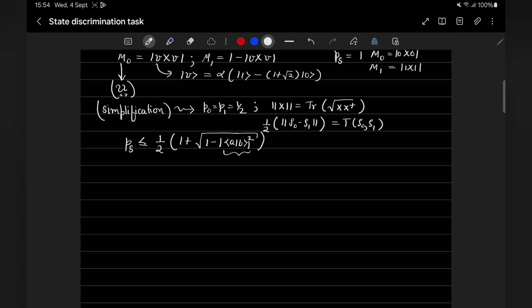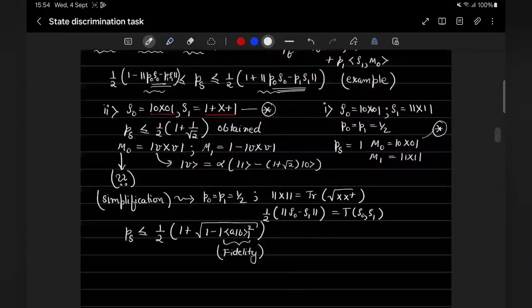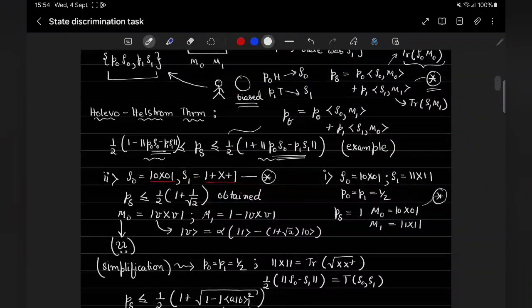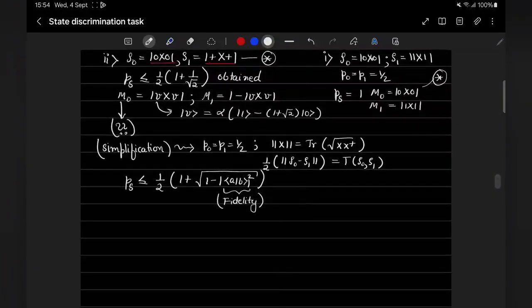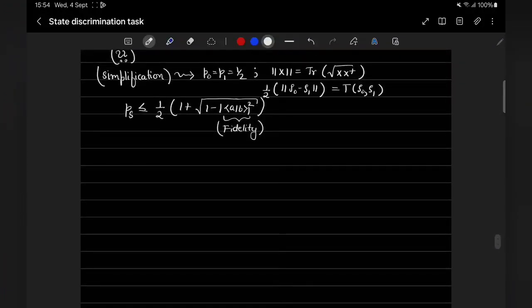So this is the fidelity. This is basically the expression of the PS, which is exactly the expression that we have here. Okay, now let's try to discuss the proof of this particular theorem.